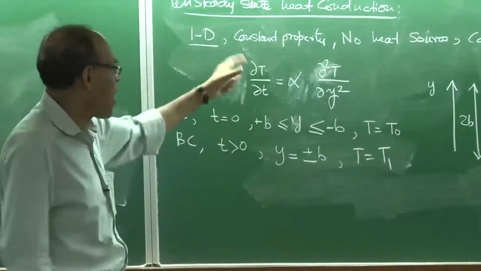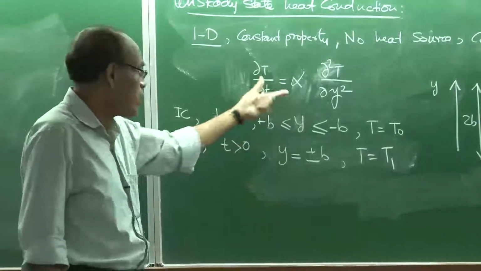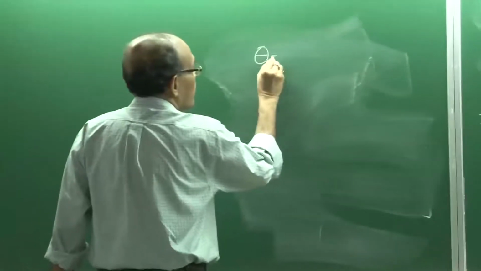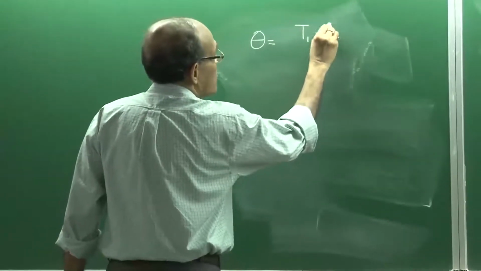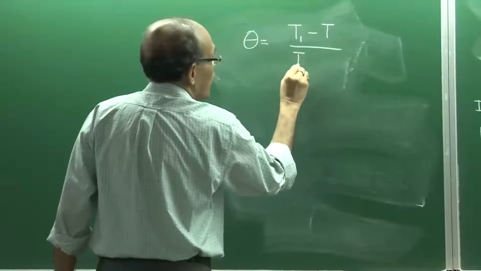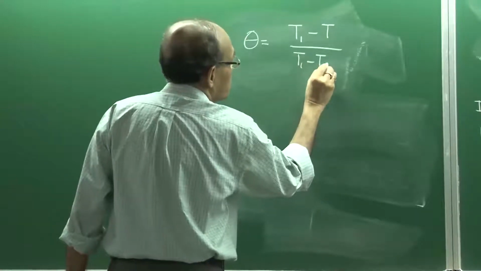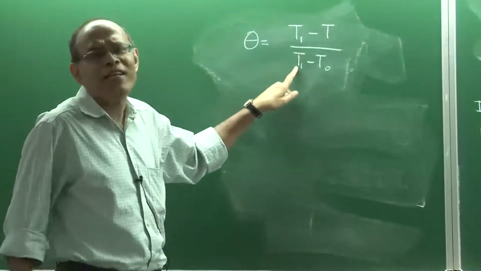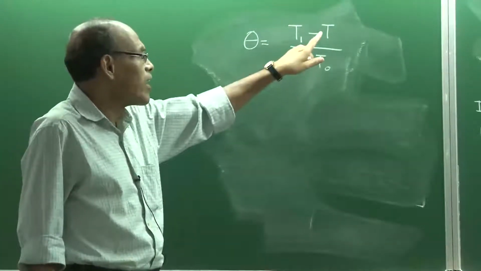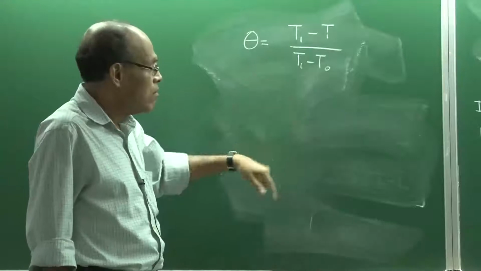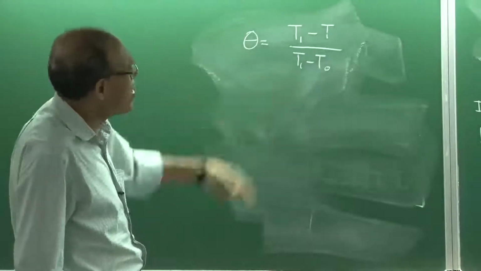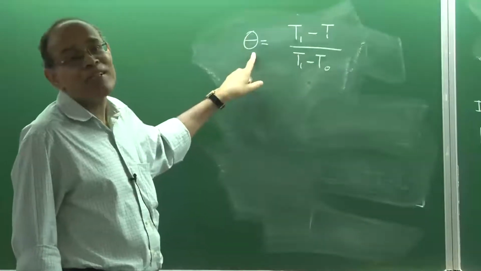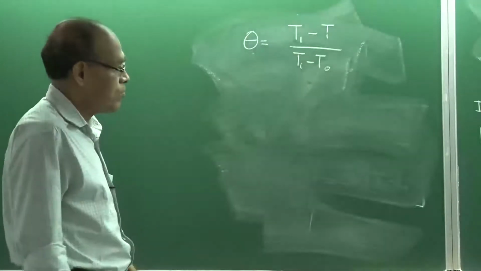So, every equation, the way I have put it, is a dimensional equation, and we can non-dimensionalize it. I can put a non-dimensional temperature as theta equal to T minus T0 divided by T1 minus T0. This is in no way fixed. You can write T minus T1 also, it is possible. There could be many possibilities, but you see this is temperature, and that is what I say, that theta represents my non-dimensional temperature.